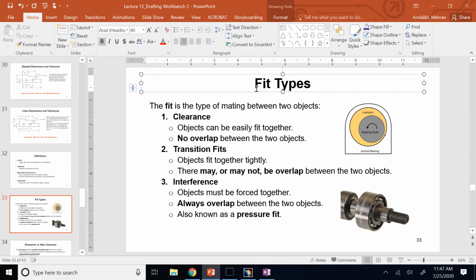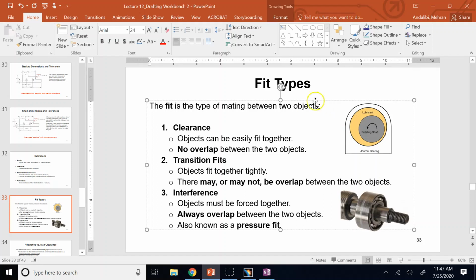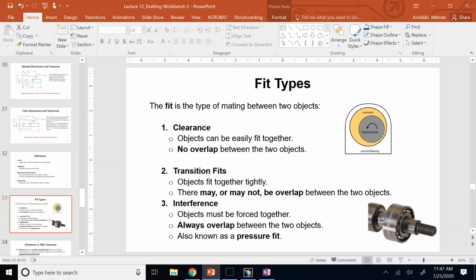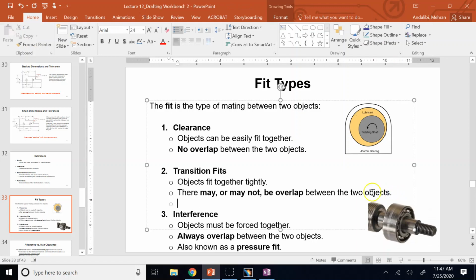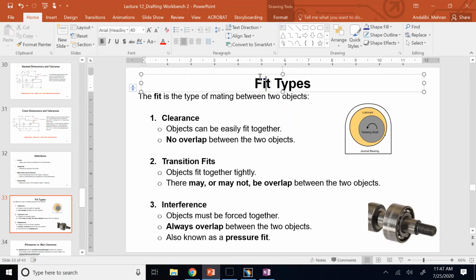So when you have parts that come together in an assembly, there are three ways that these parts fit together. What do I mean? So when you put parts together, either the parts can easily get inside each other, right?